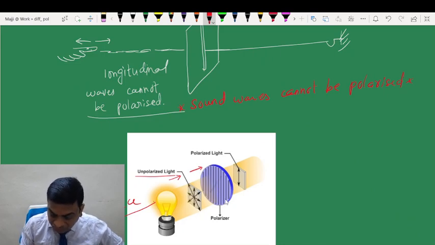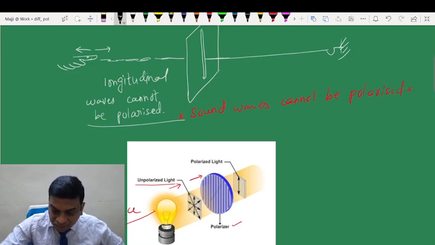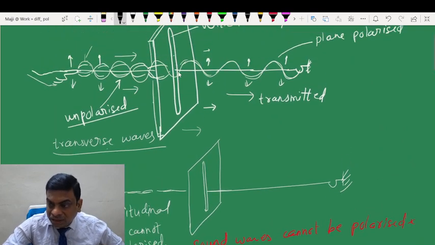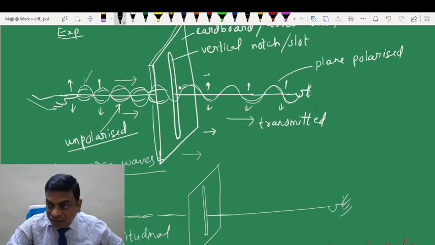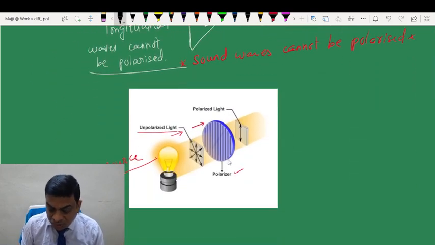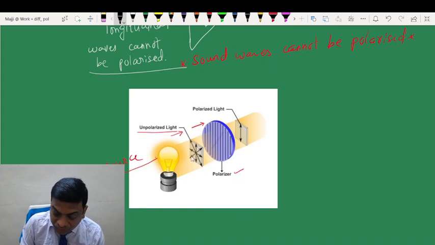Now, with this mechanism we will understand what a polarizer is. This is a technique similar to the cardboard which we discussed just now. This is a cardboard with a vertical notch. Quite similar to that, we have a device which is known as a polarizer. So when this unpolarized light enters and passes through a polarizer, the polarizer allows only those electric field vibrations which are parallel to its own axis.